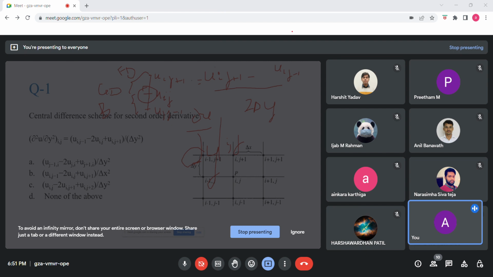In central difference, for getting dou u by dou y at i comma j, you will be using u i j plus 1 minus u i j minus 1. To get the point value at i comma j, you will be using two different points, i j plus 1 and j minus 1, by 2 delta y. So here for second order derivative, similar way we should find.